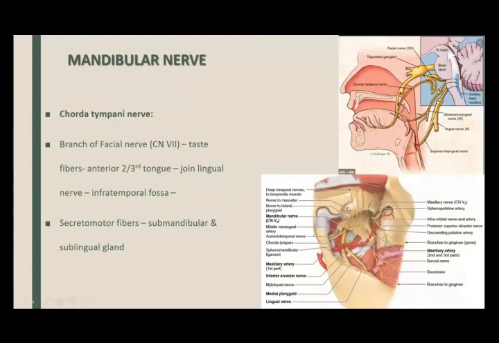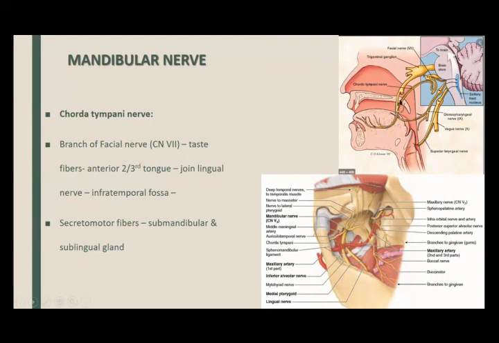Chorda tympani is basically a branch of the facial nerve, the seventh cranial nerve. The fibers that make up the chorda tympani arise from the seventh cranial nerve. These fibers leave the facial nerve and join the lingual nerve, which supplies the anterior 2/3 of the tongue.